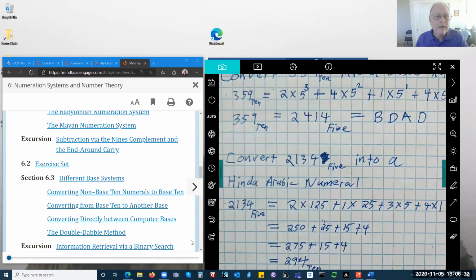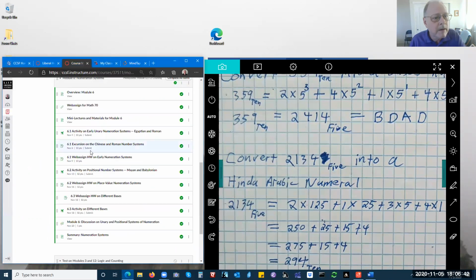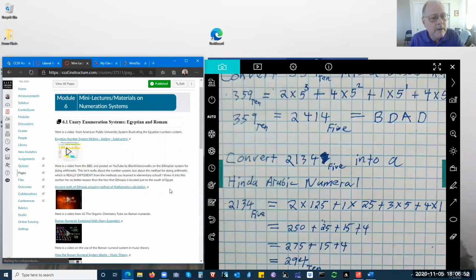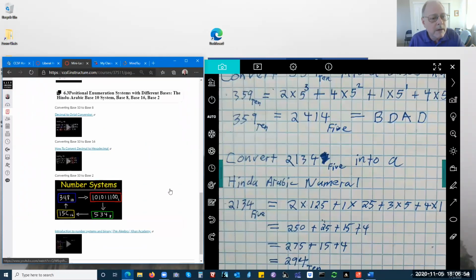Okay. Well, that was the example with base 5. Now, I want to get over here in the mini lectures and materials from Module 6. And I've posted some videos over here for the base 8. Here's base 16.